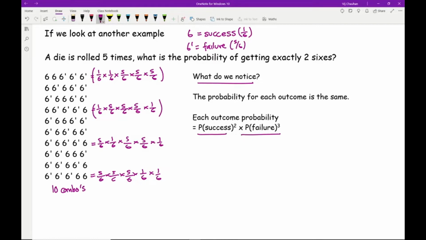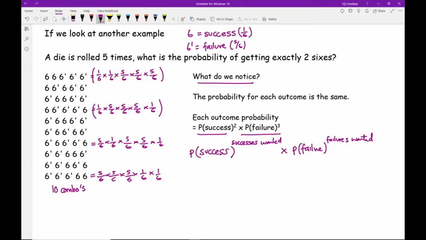So in every single row I'm going to have the probability of success to the power of how many successes I want, multiplied by the probability of a failure to the power of how many failures I want.